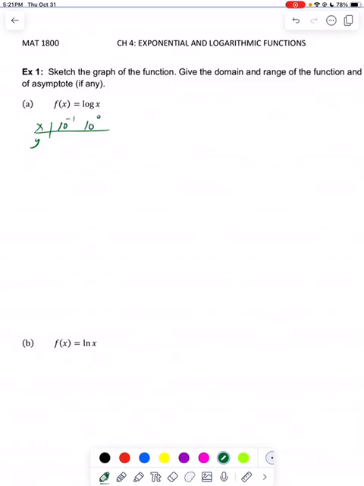Now if you do 10 to the 2, you will have to go up to 100 for the x value. The y value is not bad, it's just 2, but would you want to draw 100 tick marks and go there? No, we don't have space, we don't have time, we don't have energy, we don't recommend it. Because this is going to be 1/10, which is already very small.